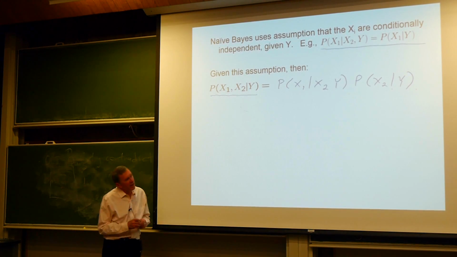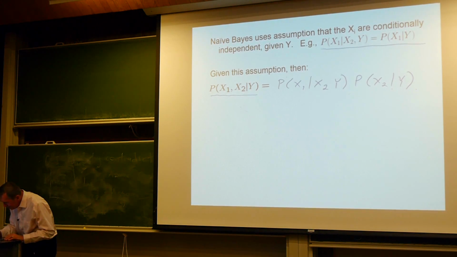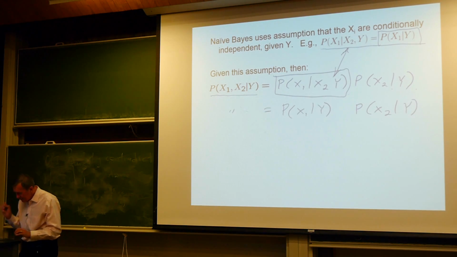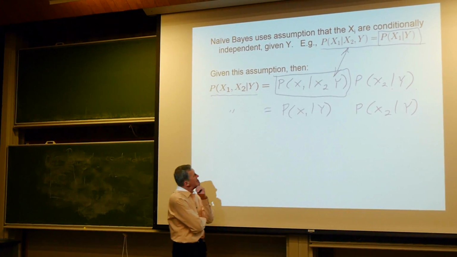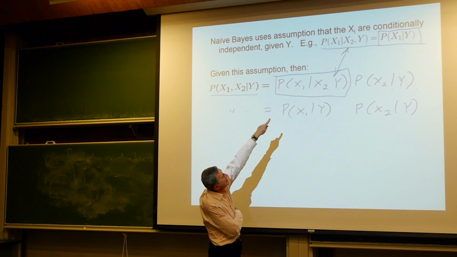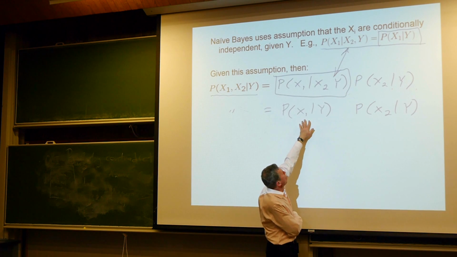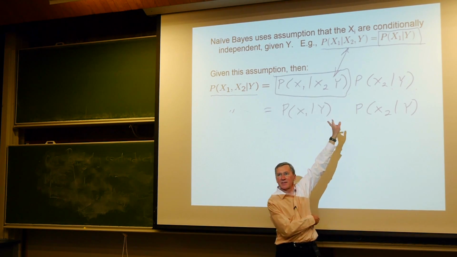No assumption there. But now, you see this term is that term. And so if we make the conditional independence assumption, we can replace this. So that conditional independence definition justifies writing anything of this form as just the product of these independent probabilities.